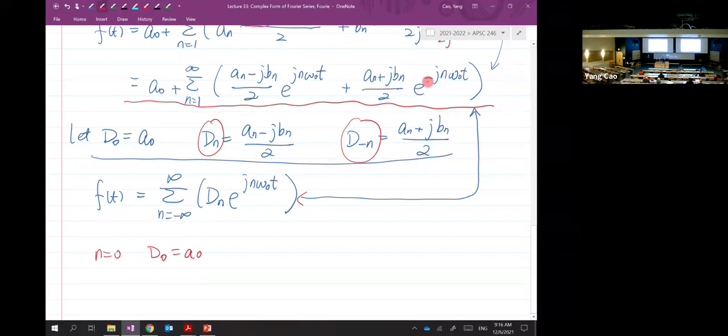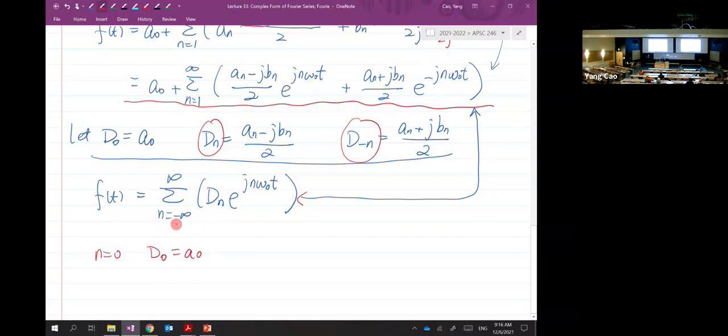You have e to the power negative jn omega naught t. So even though the previous term doesn't have a negative n, you do have a negative n showing up here. So that's why, over the next expression, we simplify the two expressions.